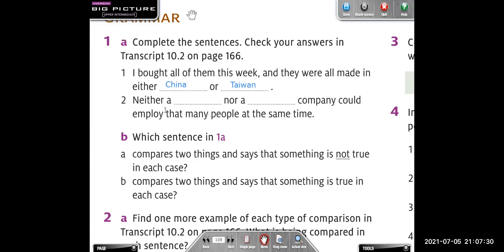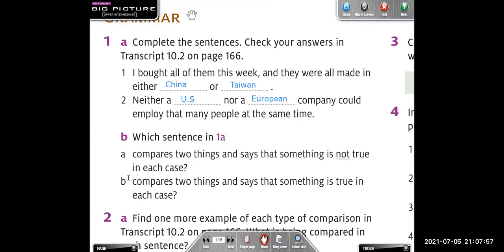The next one was neither a US nor a European company could employ that many people at the same time.